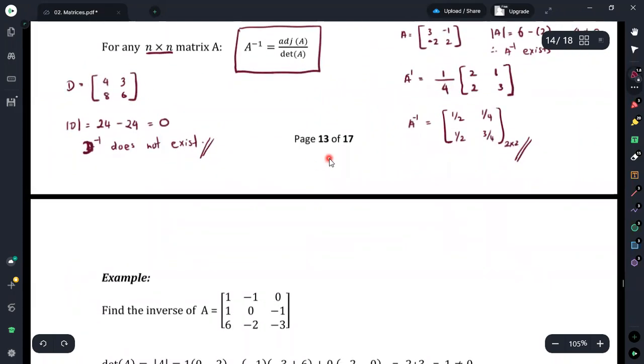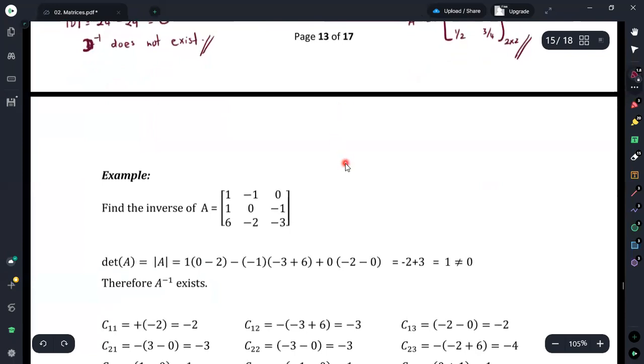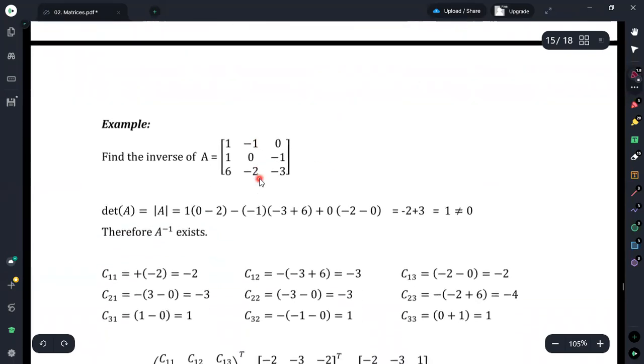Okay, now we will move on to obtaining the inverse of a matrix. To obtain the inverse of this matrix, we can perform the calculation steps in this way. Here matrix A is given as 1, minus 1, 0, 1, 0, minus 1, 6, minus 2, and minus 3.